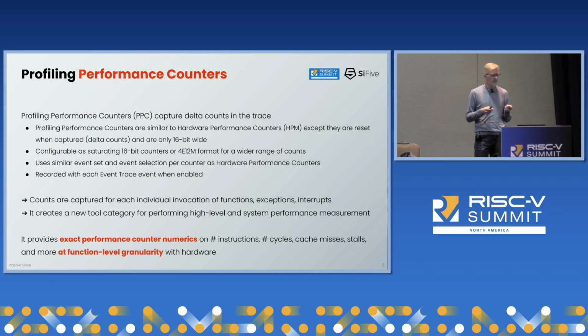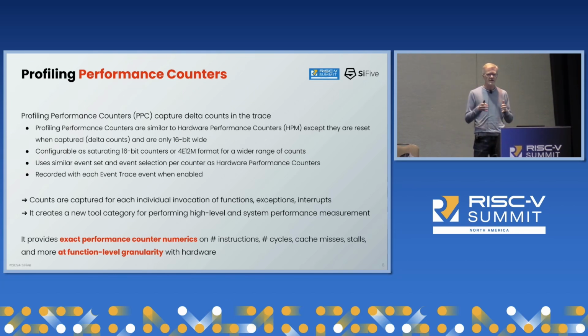You can set up these counters and also the event trace to only count specific things. You can also set it up so that it only counts for specific privilege modes, and if you're in a Linux system, you can set it up so that it only counts in one specific process with a specific process ID.